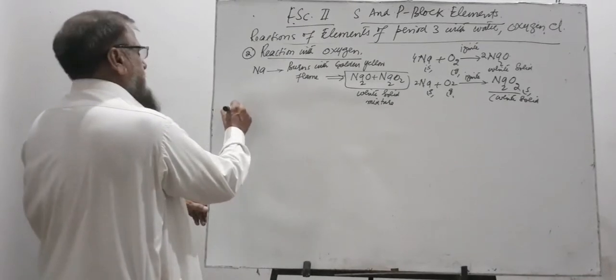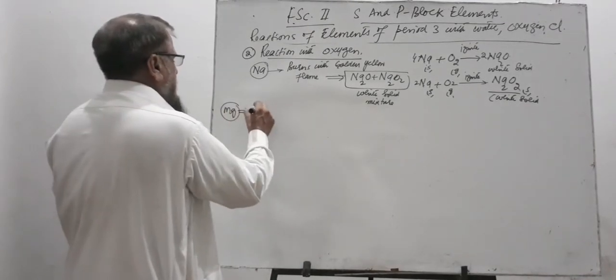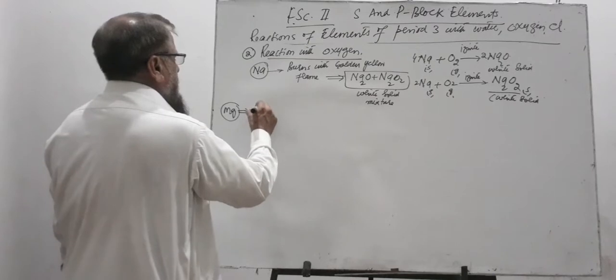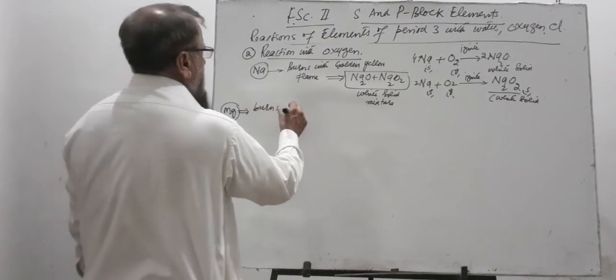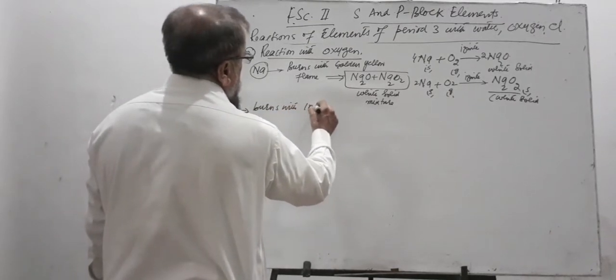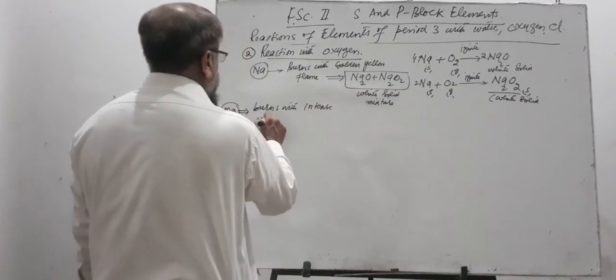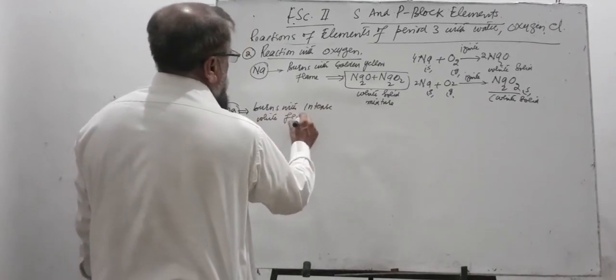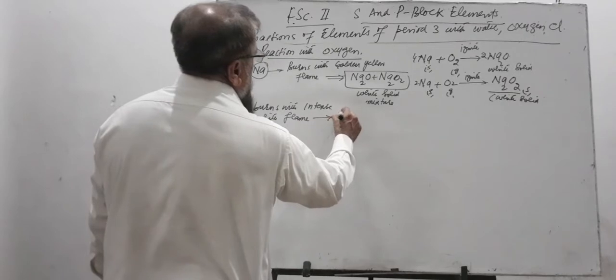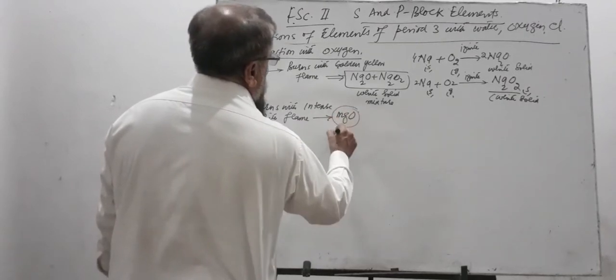Magnesium burns in oxygen with an intense white flame. And here we also get magnesium oxide, which is a white solid.